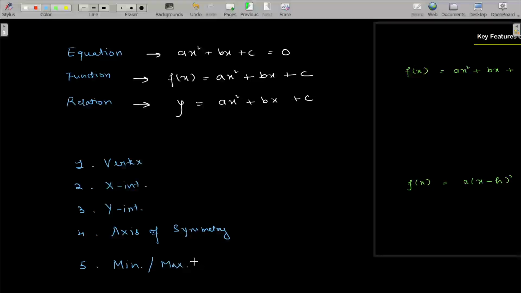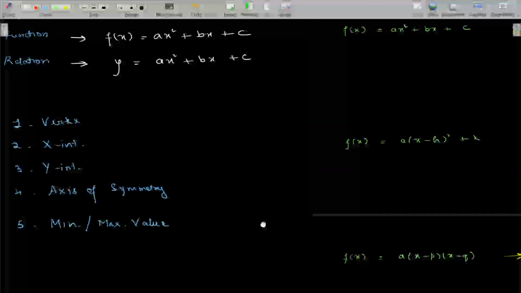These are the 5 key features of a parabola, and we should be able to find out these 5 features from the equation.